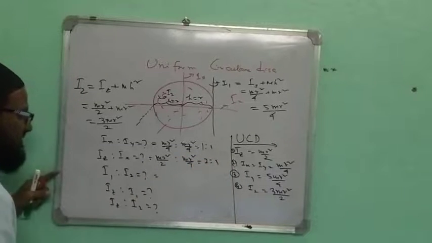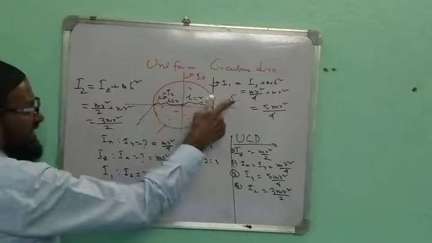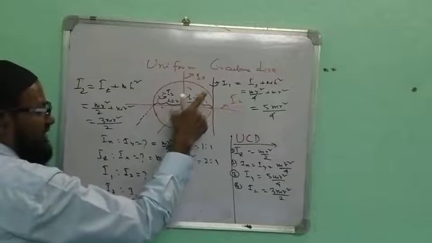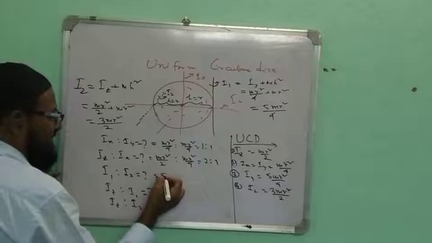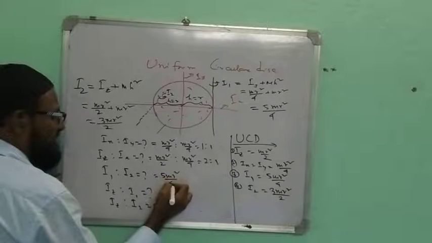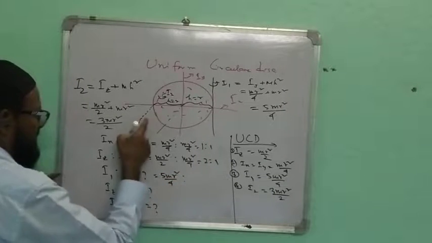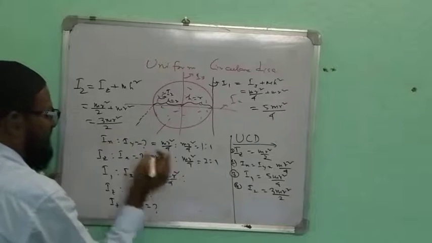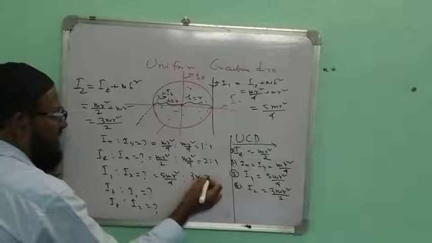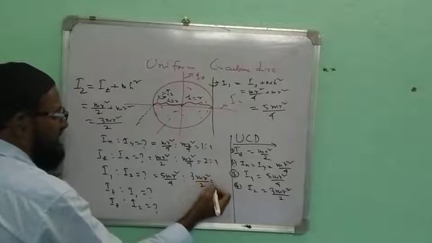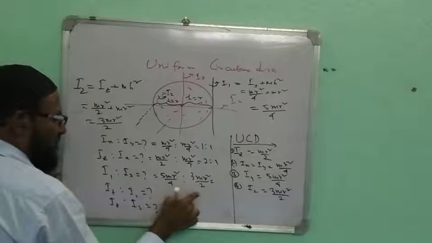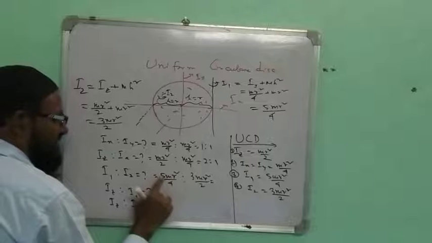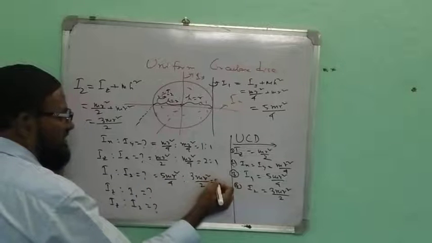What is I1? Tangent 1, in the plane of the ring. I1 is 5 M R square by 4 to tangent 2, which is I2, equal to 3 M R squared by 2. What is the answer? 5 is to 6.